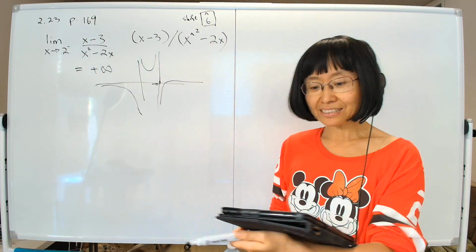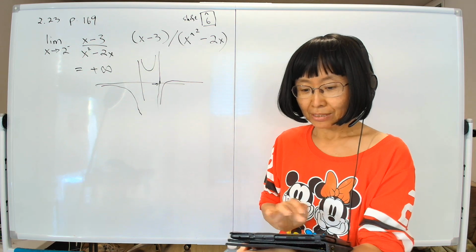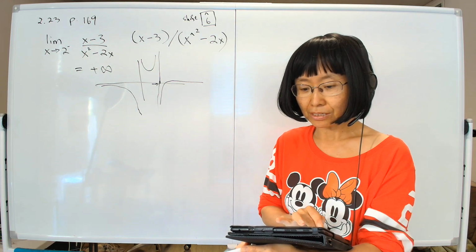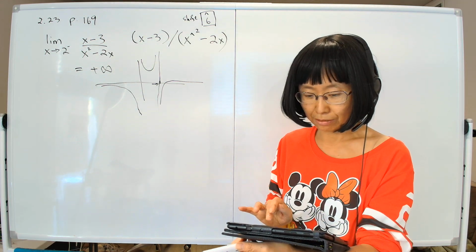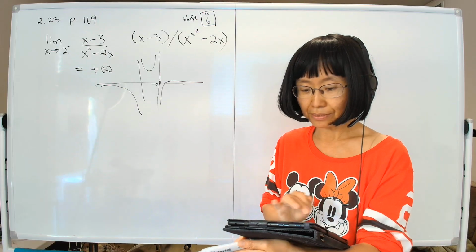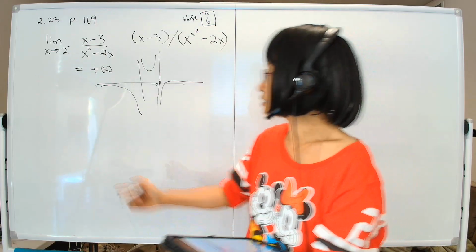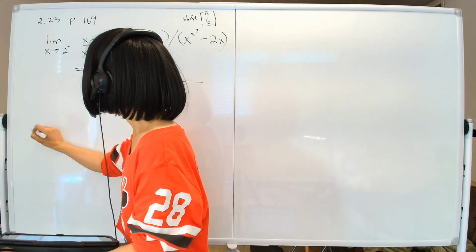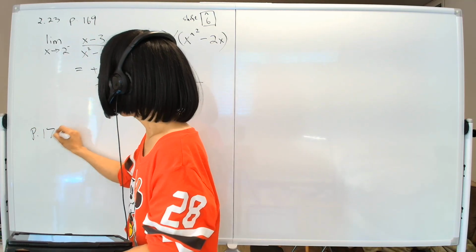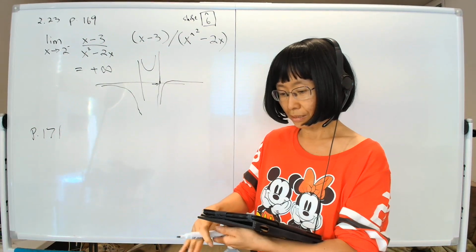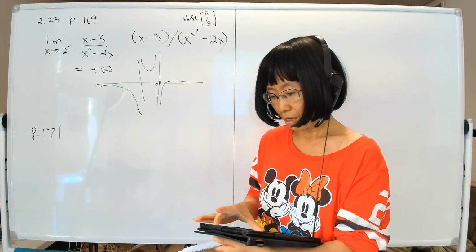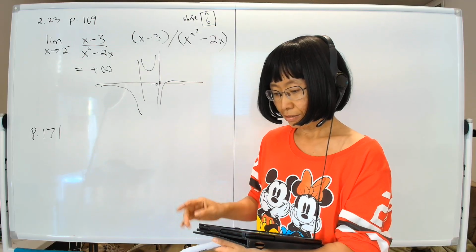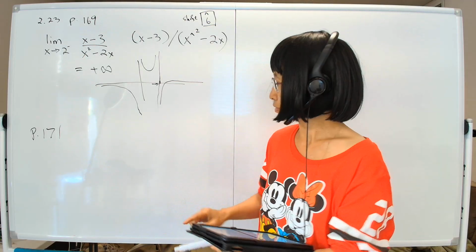Right. Next, let's look at the squeeze theorem. The squeeze theorem is a very intuitive theorem. Let's look at the squeeze theorem, page 171. The squeeze theorem says something like, you have 3 functions, okay?